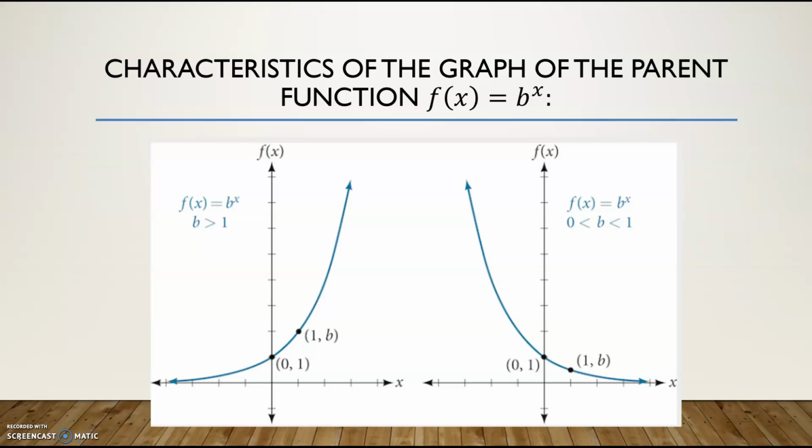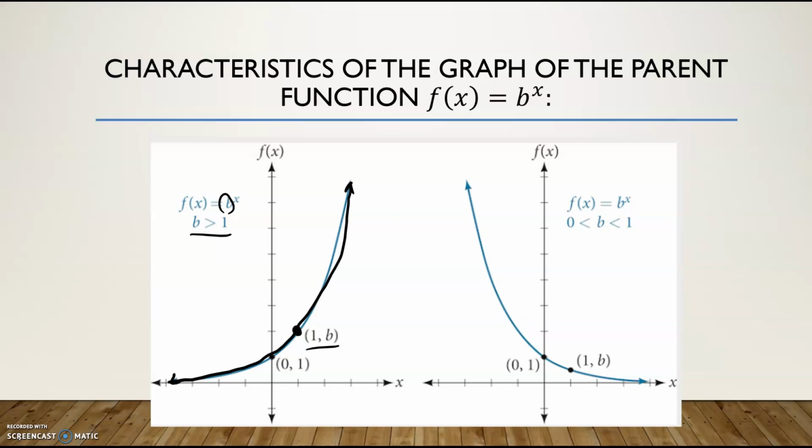Okay, so let's look at the graphs here. If b is greater than 1, then what we have here is an increasing function like this. Notice we've got two key points here. One key point is (1, b). Whatever b is, because b will be a number, you'll have a key point at (1, b).